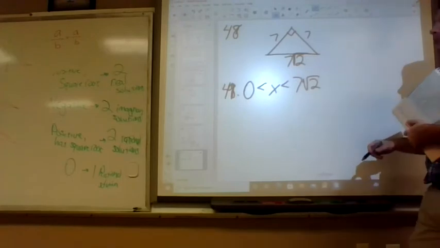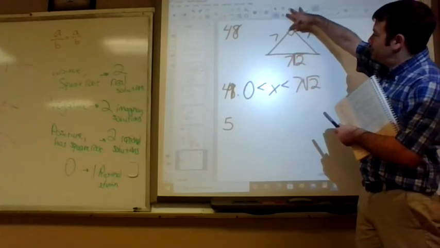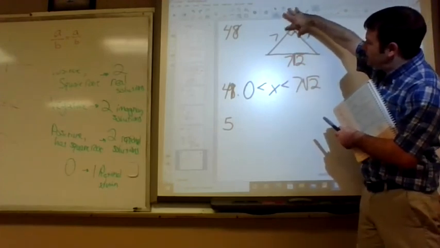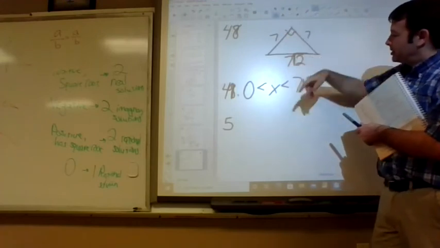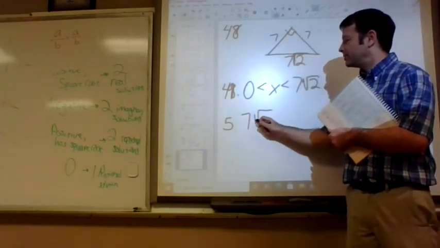On 50, we want an obtuse triangle. So obtuse means bigger than 90, right? So x is greater than 7 square root of 2.